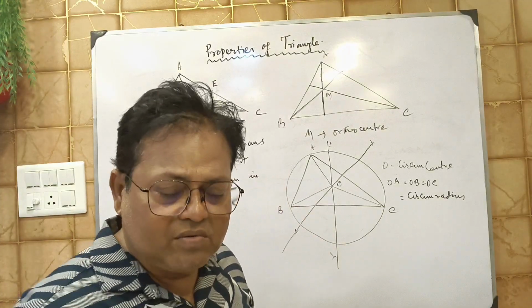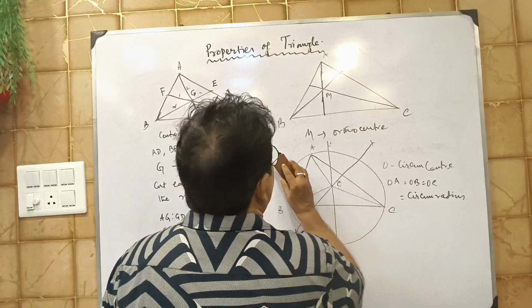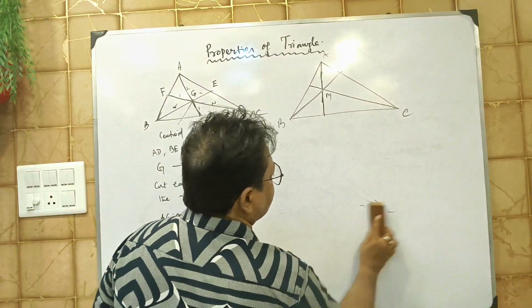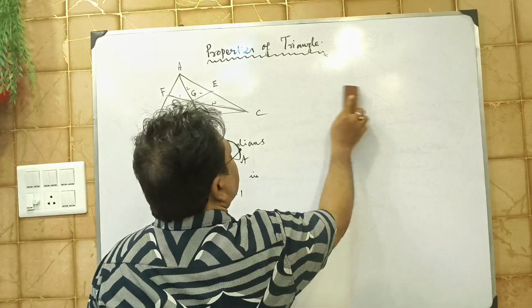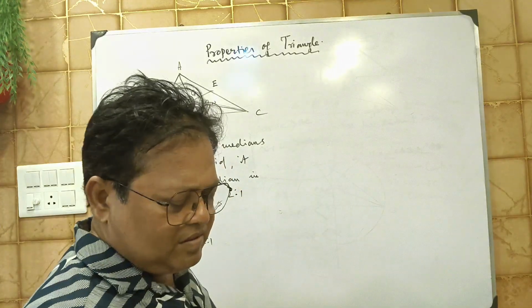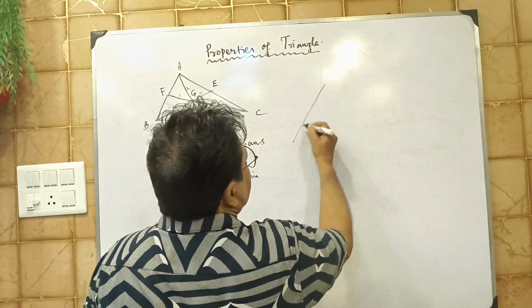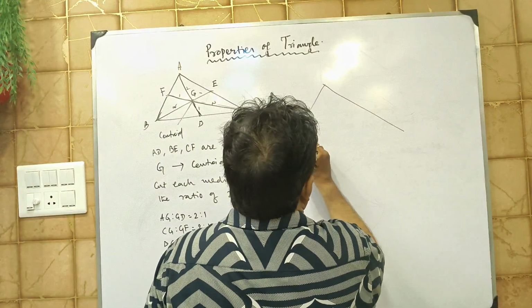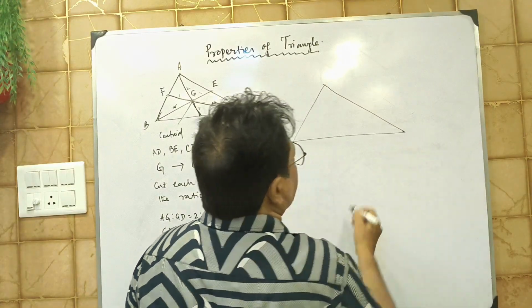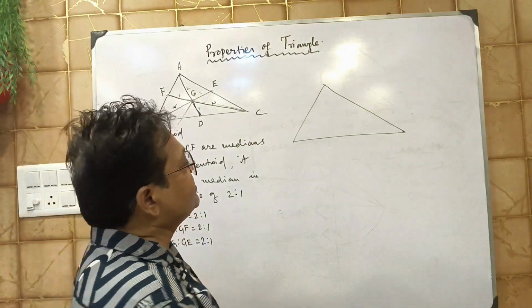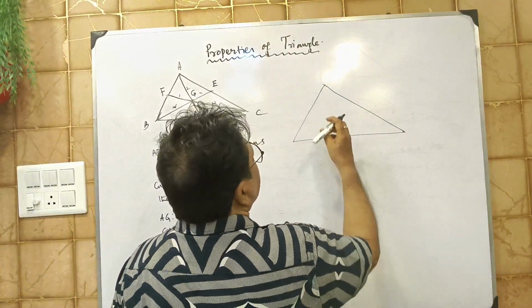Now I go to incenter. Incenter means, at first I will have to draw the incircle, then you will get the incenter. How is it possible?